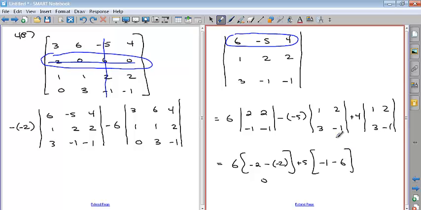So -1 minus 6 plus 4 times -1 minus 6. So that's going to be -7 times 5 is -35, plus, then you have 4 times -7, which is negative.